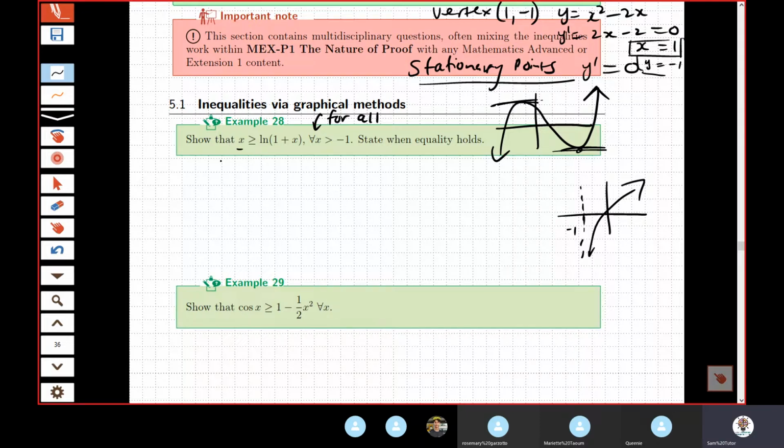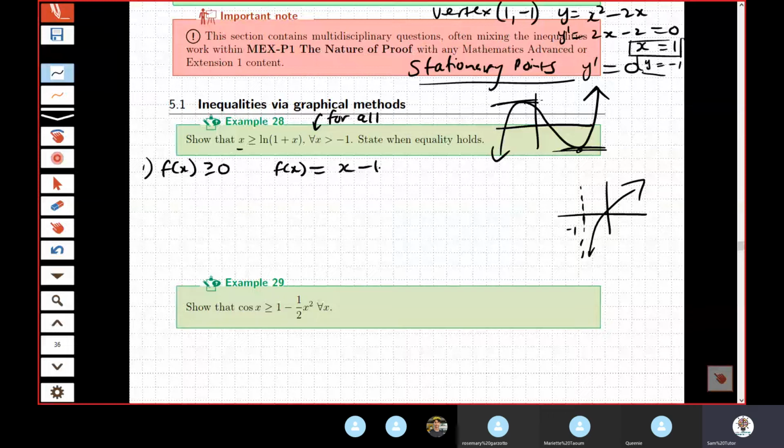So what we do, first step, we find f of x, and what we're trying to do is make f of x greater than or equal to 0. We're going to try to prove that f of x is always greater than or equal to 0. To find f of x, it is literally just this take away this.